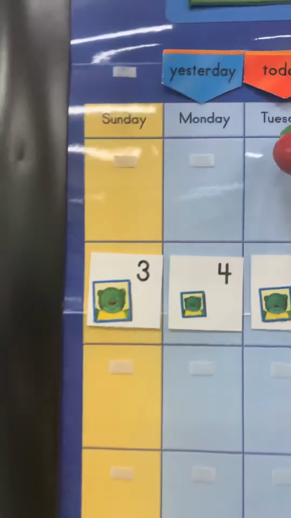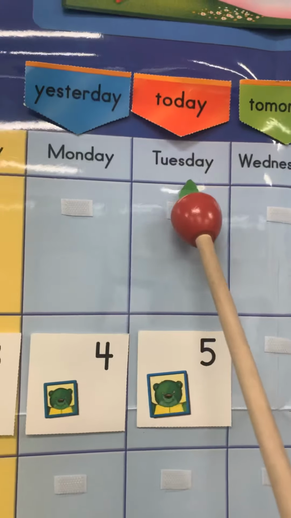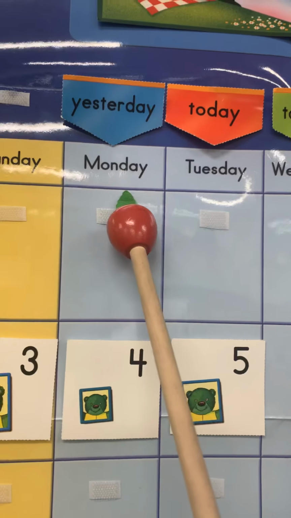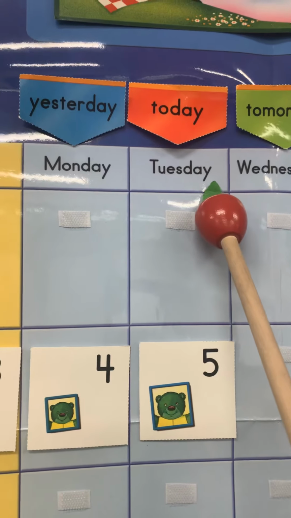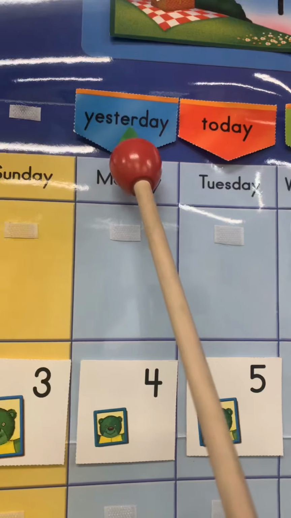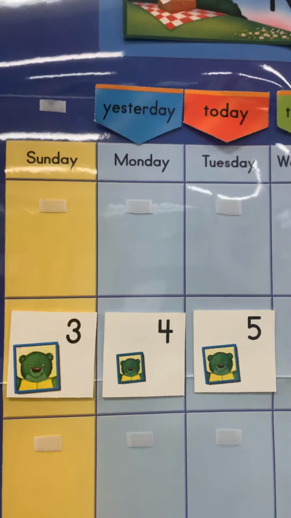What was the word I said before Tuesday? I'll do it one more time. Sunday, Monday, Tuesday. What was it? If you said Monday, you are right. Monday is the day that comes before Tuesday. So Tuesday's here, one day before, or yesterday is Monday.